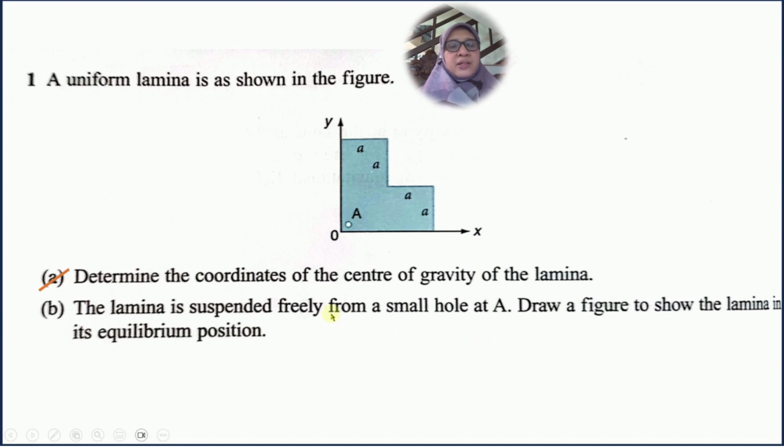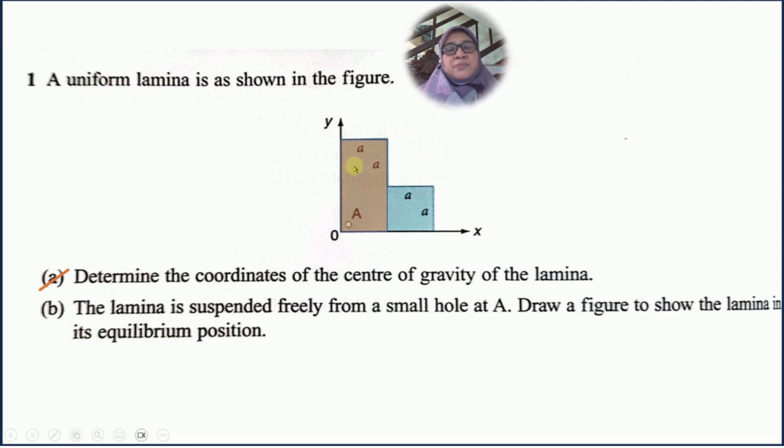To determine the coordinates of the center of gravity of the lamina, we need to find the mean of the x coordinate and the mean of the y coordinate for the lamina. To use the formula for the center of gravity, we need to divide the lamina into two parts.